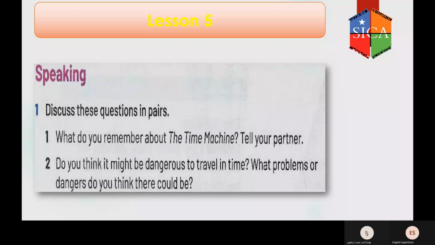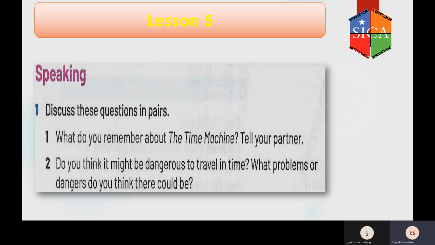Right. It's a long distance and many years between this time and after 20 years. So the life now is totally different from life after 20 years. Yes. Great. These are the problems and dangers we may face.